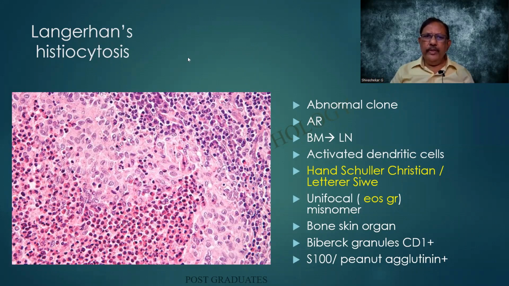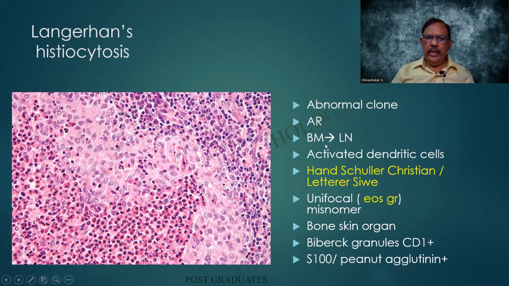The next group of disorders we shall be talking about will be Langerhans cell histiocytosis. There are other terminologies such as Hand-Schüller-Christian or Letterer-Siwe disease. Eosinophilic granuloma is a misnomer. This is caused by an abnormal clone of cells, and the disease itself is autosomal recessive.